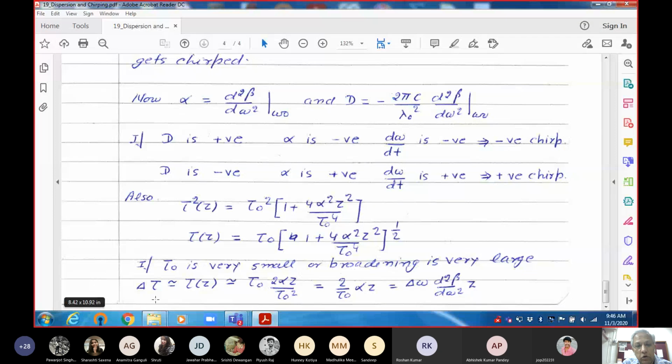That would be simply tau naught into the square root of this quantity, 2 alpha z by tau naught squared. So this is 2 by tau naught times alpha z, and 2 by tau naught is nothing but the bandwidth of the pulse, delta omega. And if you put delta omega in terms of delta lambda, let me show you here. I will come to this point.